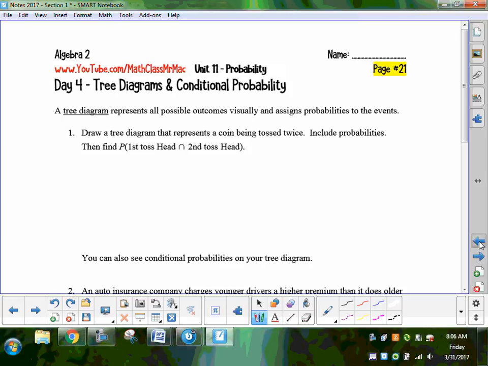Haley, how many choices are you making? How many branches are you going to have from the first flip? 2. You've got 2 options, and what are those 2 options, Haley? There's a heads and a tails.